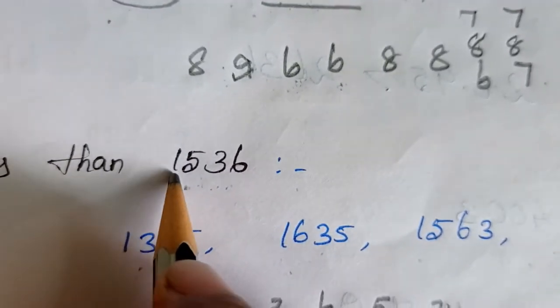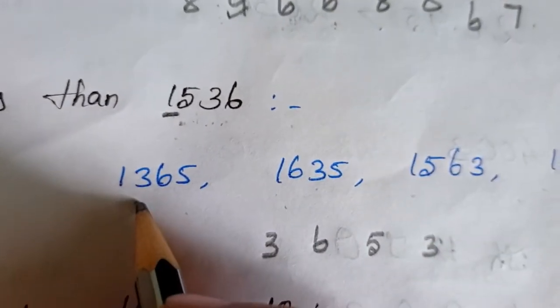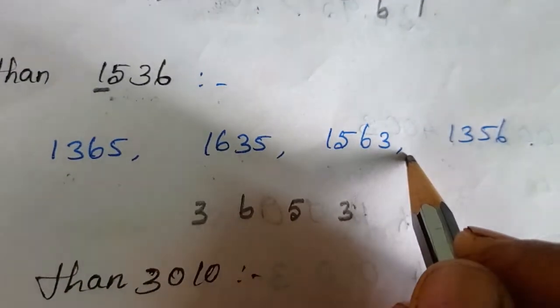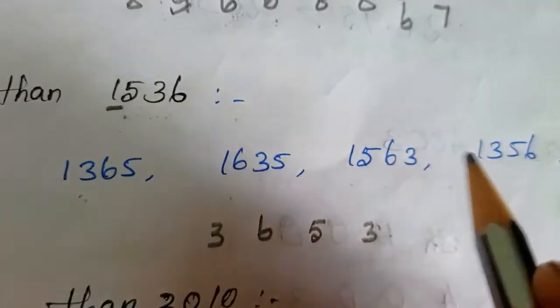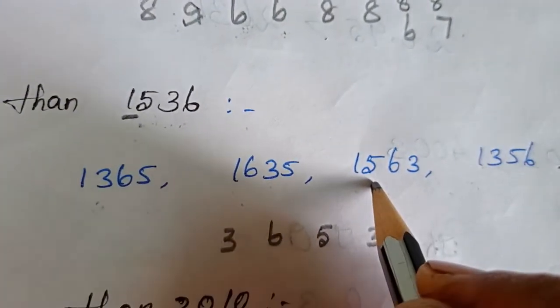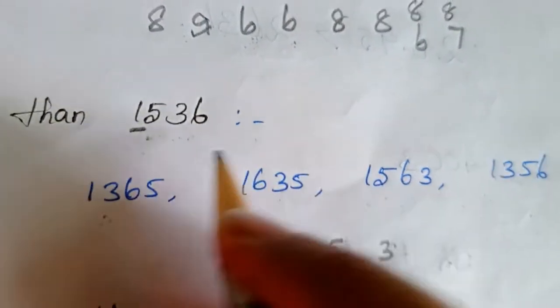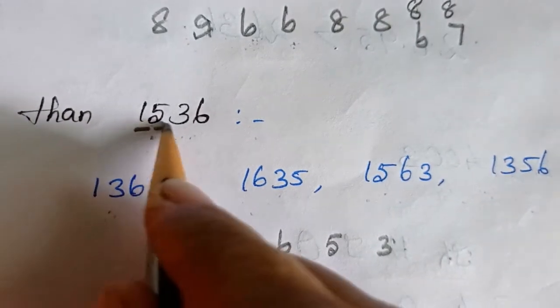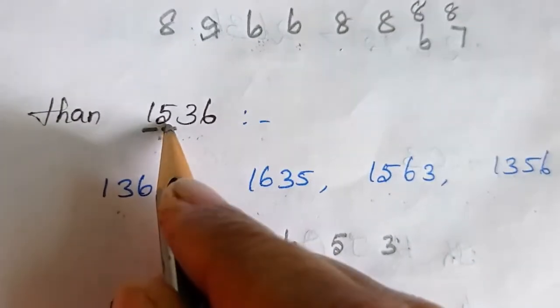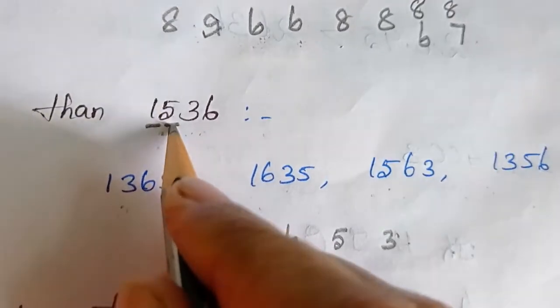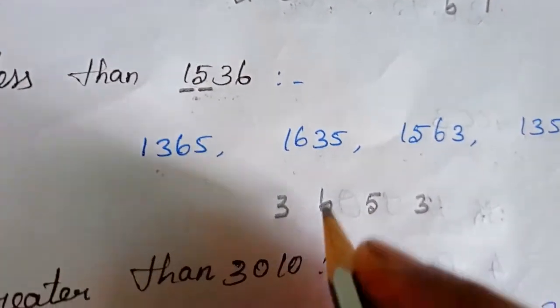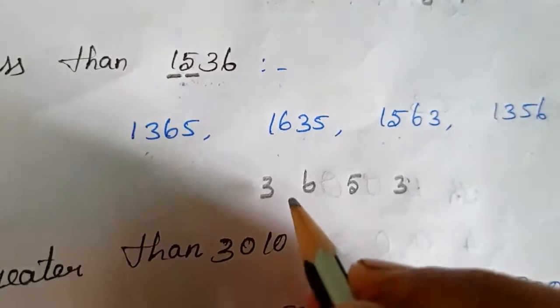So all the numbers have the same thousands value. So we go for the next place value, that is hundreds. The hundreds place value for this number is 5. The hundreds place values for all the 4 numbers are this.